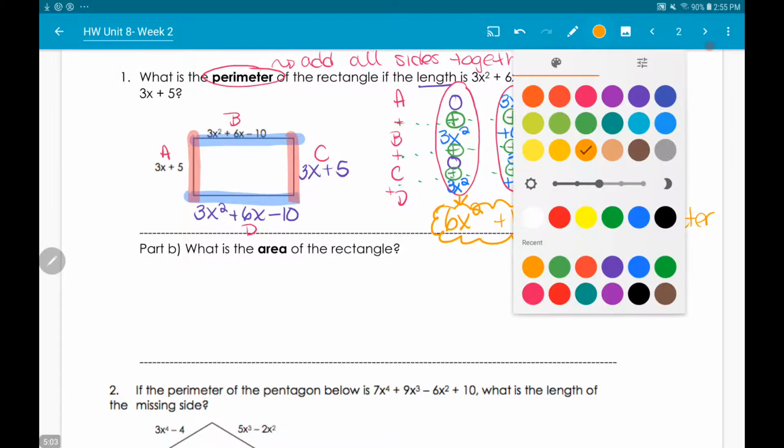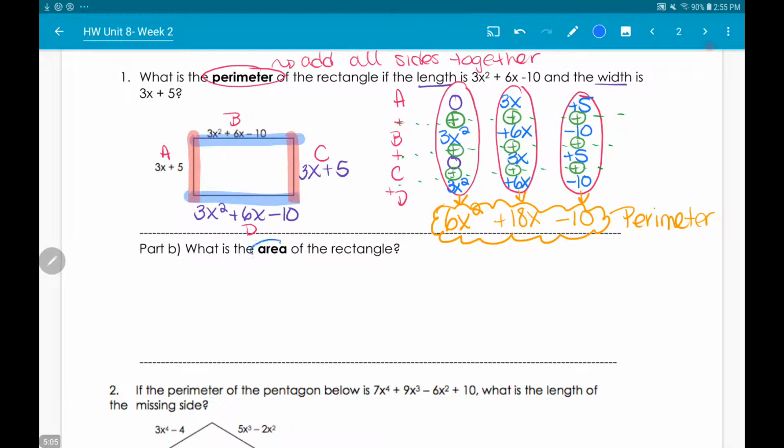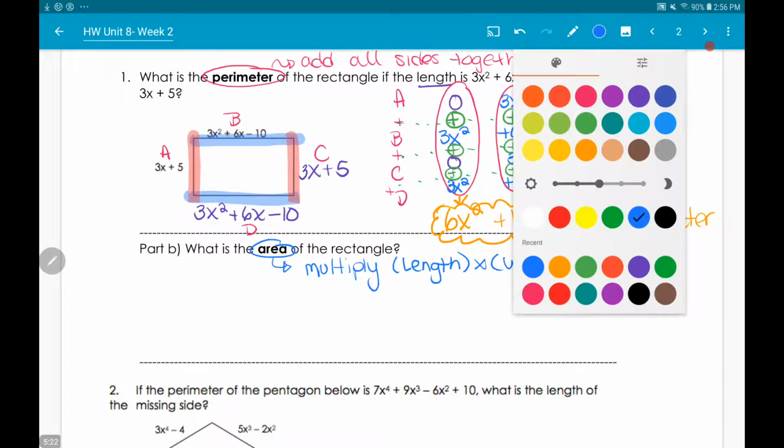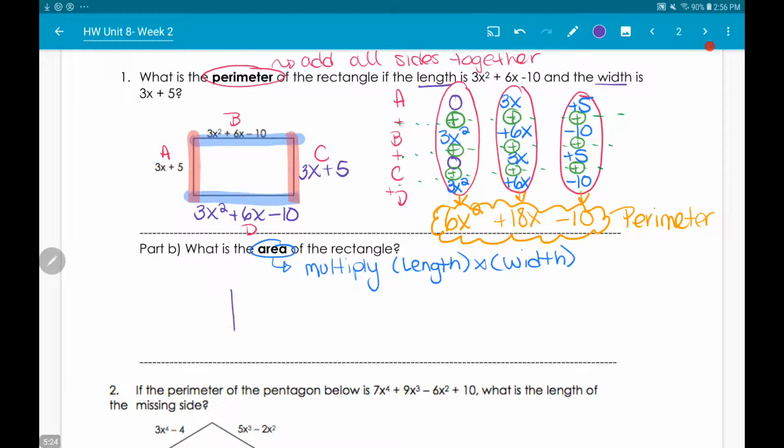All right, now it asks for the area. Area is when I am multiplying the length times the width. Okay, and that is just using sides A and sides B. So I'm going to use box method.